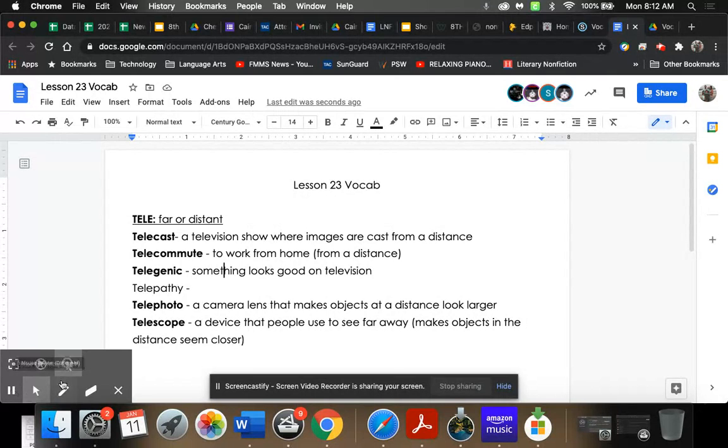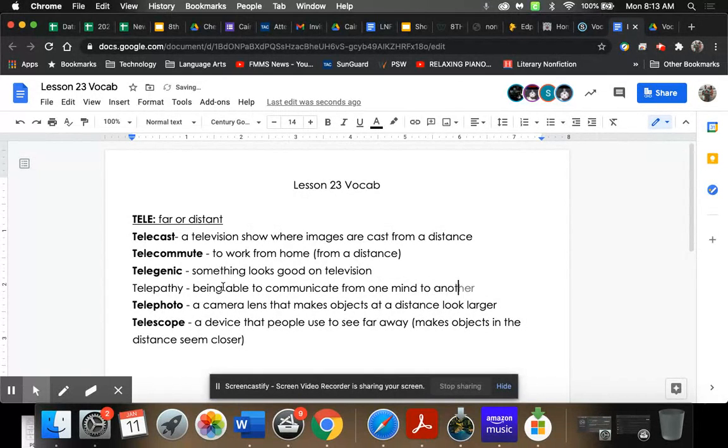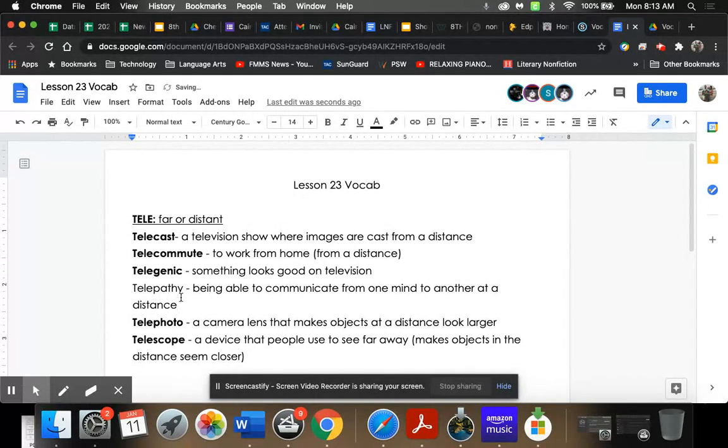That is essentially reading somebody's mind. Like if you can look at somebody and you know exactly what they're thinking just by the look on their face. So telepathy is being able to communicate from one mind to another at a distance. Essentially, you're mind reading if you are experiencing telepathy.